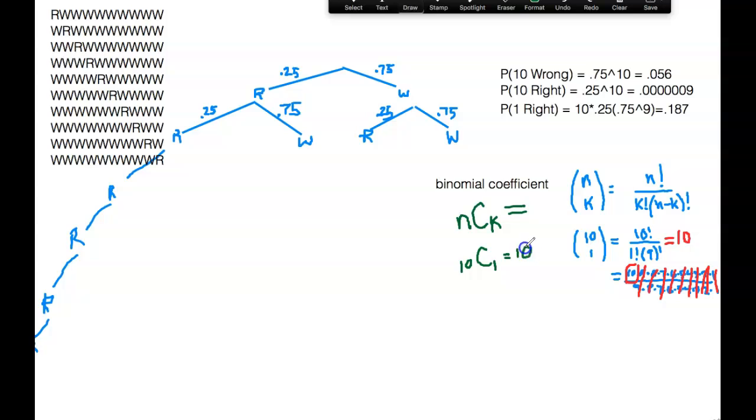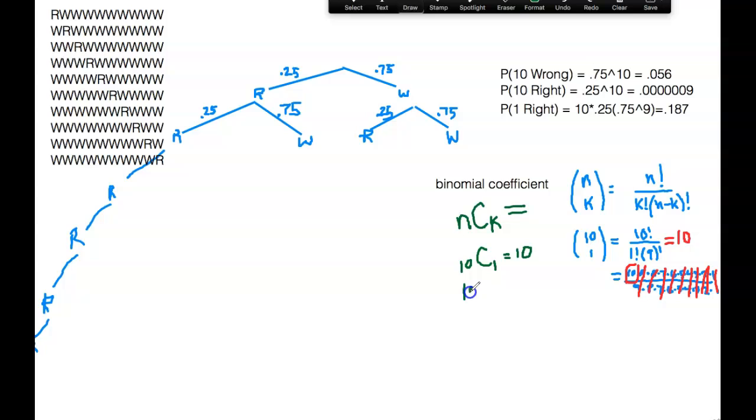We just found it. So what I'm coming up with, this is only the number of ways to calculate how many different ways we can get 1 question right.